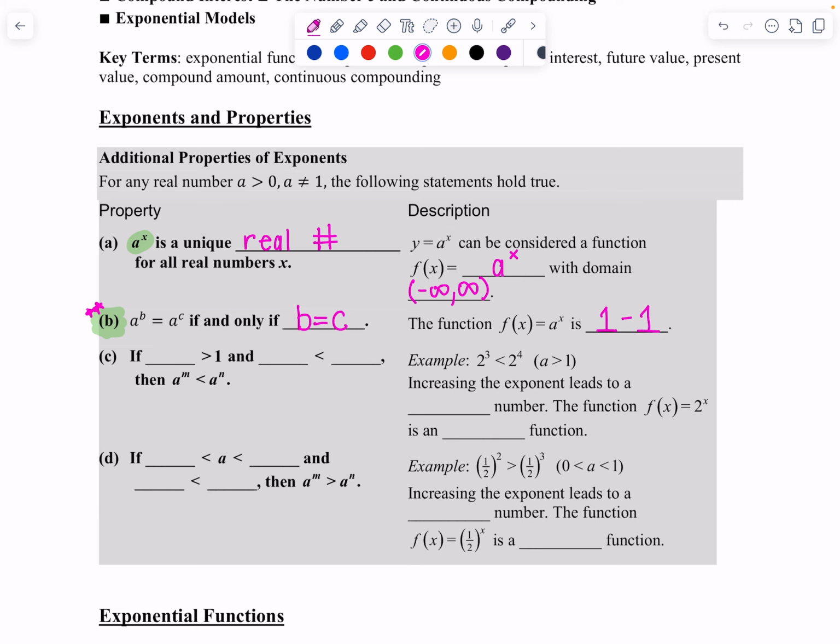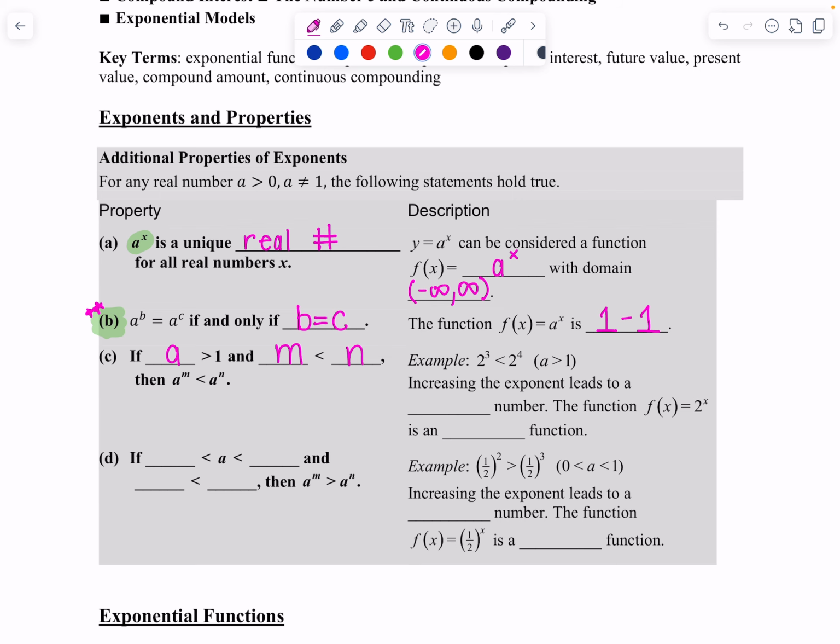The next property: if a is greater than 1 and m is less than n, then a raised to the m is less than a raised to the n. Let me show you what I mean.